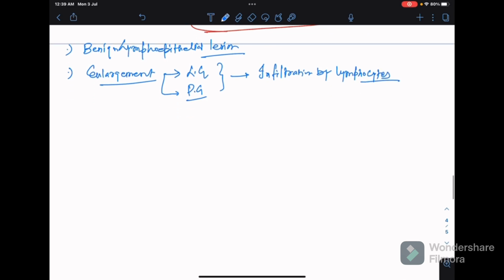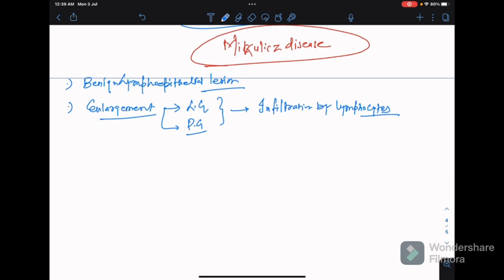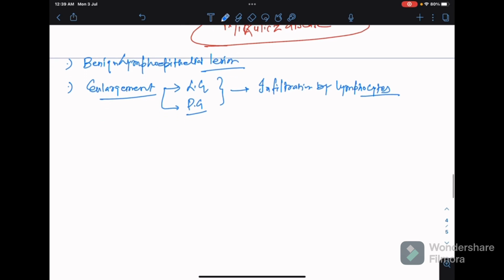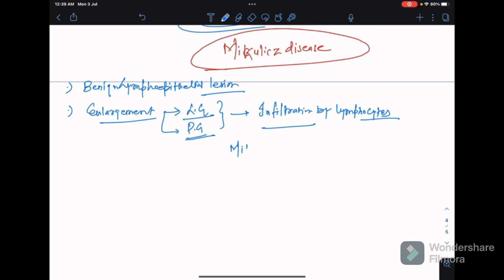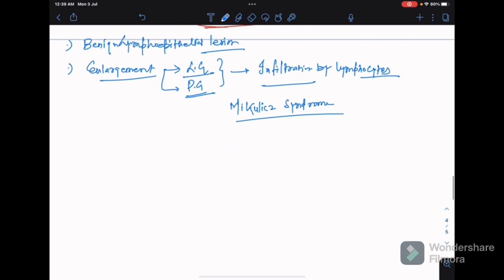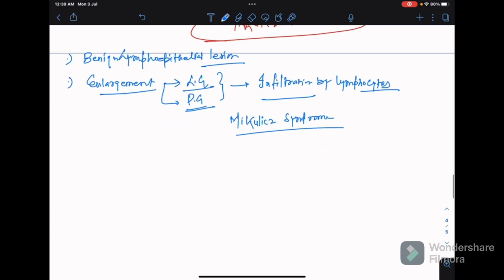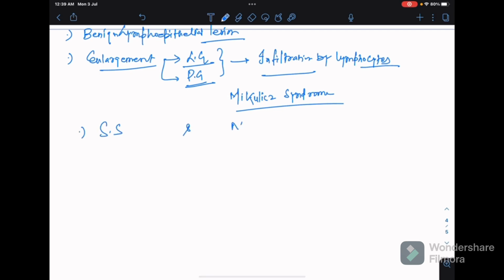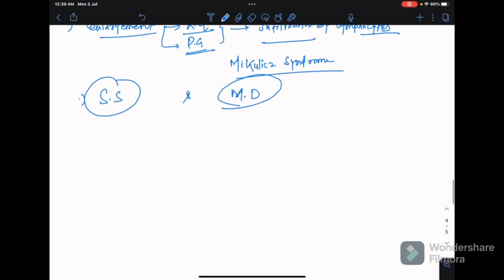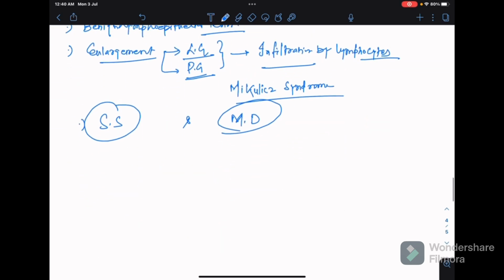Right? And if you find any other condition along with this infiltration into the lacrimal as well as parotid gland, then we will say that the patient is suffering from Mikulicz syndrome. And the key point here is, in Sjogren syndrome, on scintigraphy you will find cherry blossom appearance, but you will not find any such appearance in Mikulicz disease.